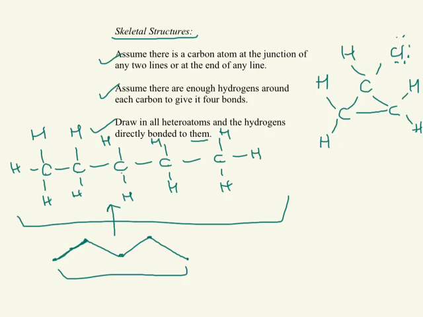Let's draw the skeletal structure of this compound here. Again, look at carbon number 1, carbon 2, carbon 3. I'm going to represent them with points here. So these 3 points represent these 3 carbons, and we do not put hydrogens. But if we have any heteroatom, we have to write that down.